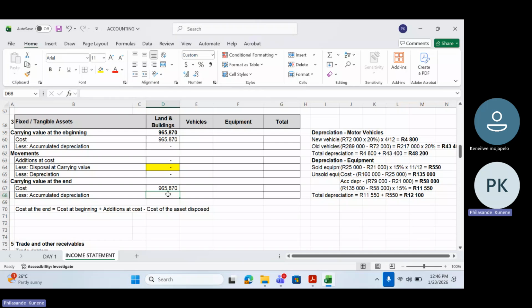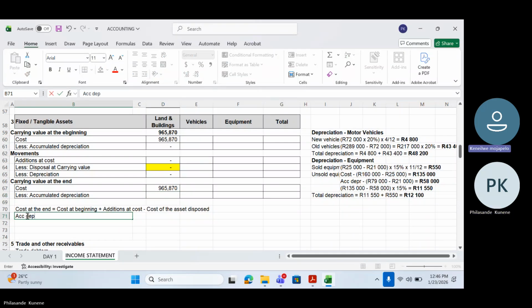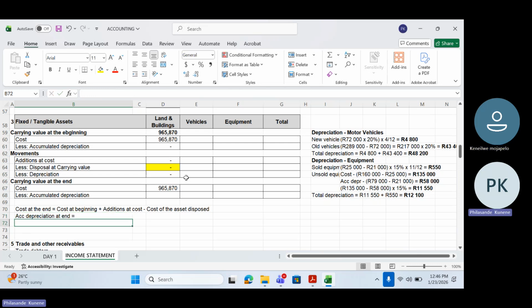How do you calculate that? For land and building it will always be 0, because there's no depreciation. But what if you get vehicles and equipment? How do you calculate that? You must know things that should be considered when you're calculating accumulated depreciation at the end.